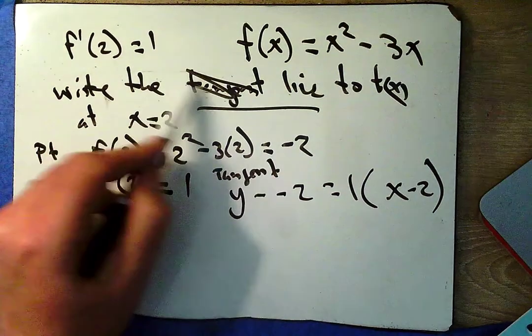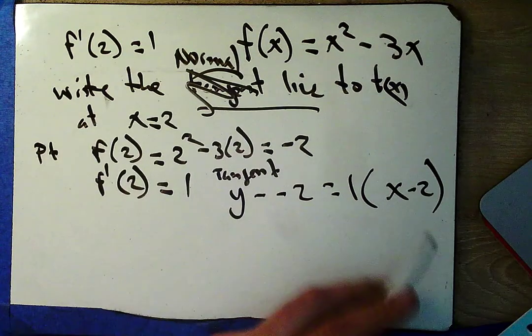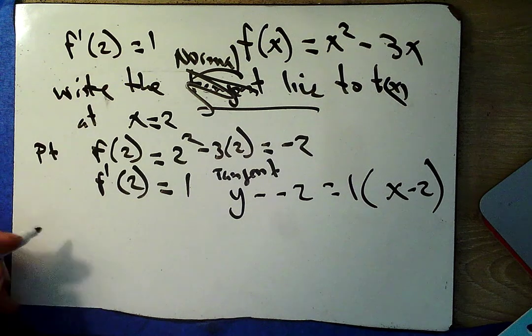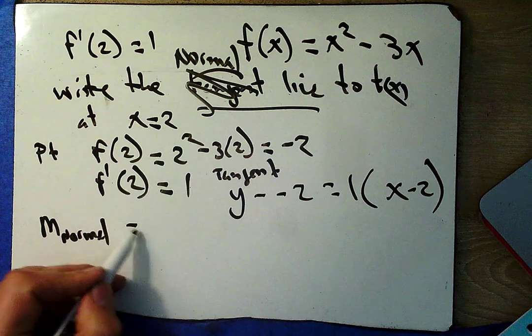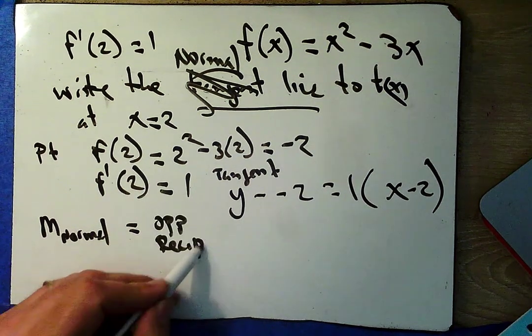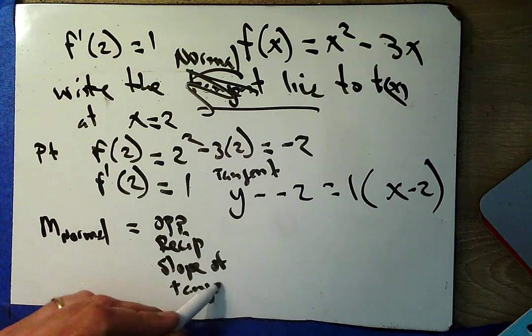Oh, but I didn't want the tangent. I wanted the normal. So what has to change here if I'm writing the equation of the normal? Well, we know the slope of the normal is the opposite reciprocal slope of the tangent.